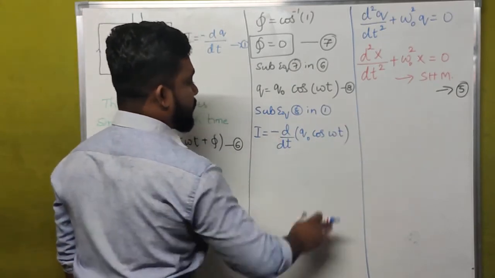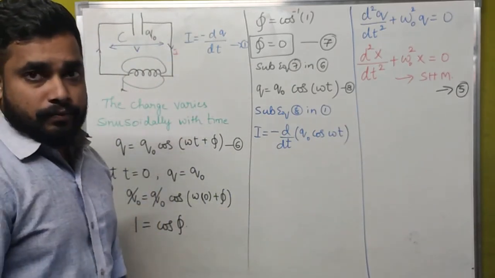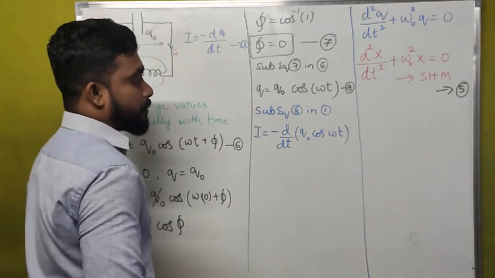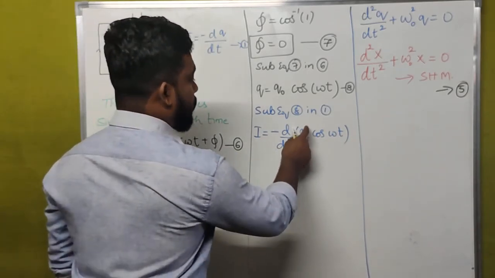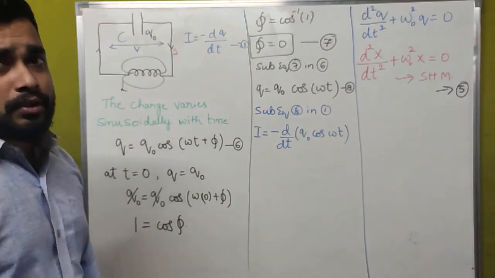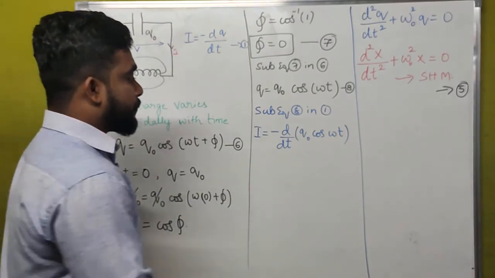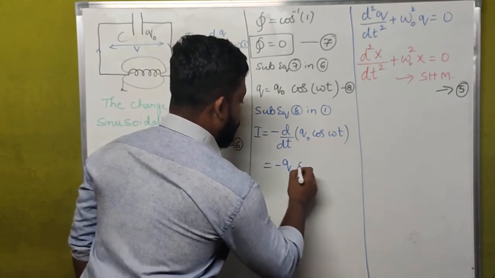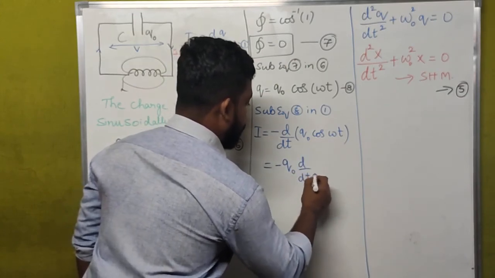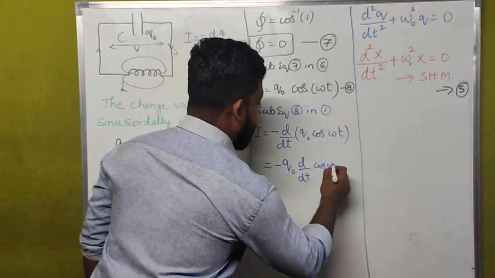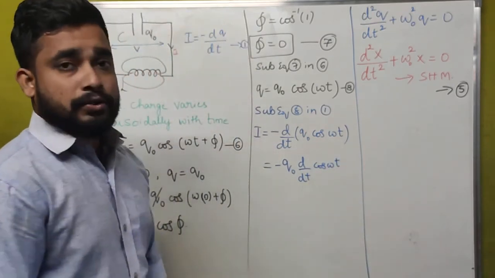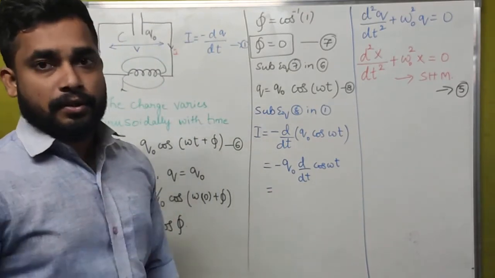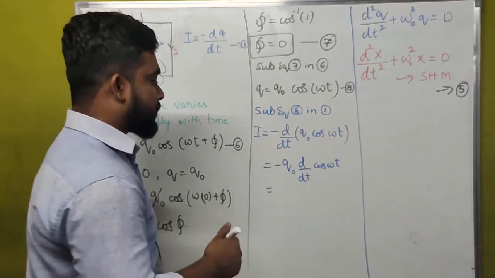If we differentiate the whole equation with respect to time, we cannot differentiate Q naught because Q naught is a constant. Therefore it will be minus Q naught into d by dt of cos omega t. Differentiation of cos theta is minus sine theta.